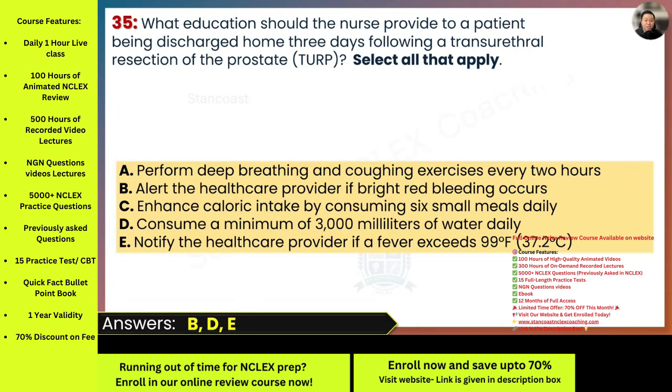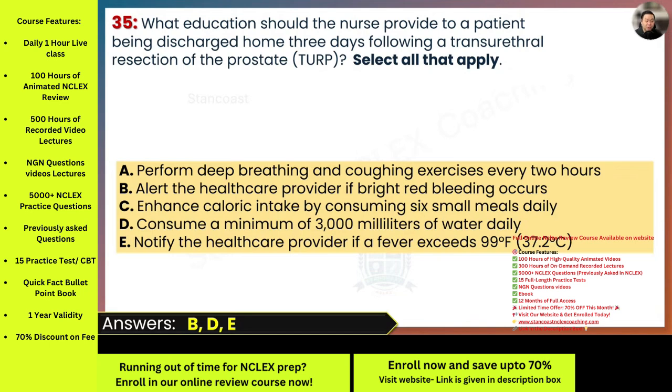And the patient should be instructed to seek immediate medical attention if the drainage turns bright red. And this is very critical for the nurse to emphasize, because untreated bleeding could lead to complications like clot formation, and this can block the catheter.